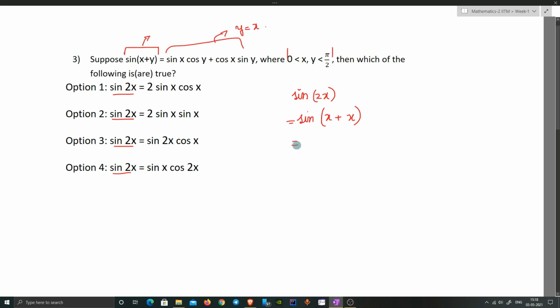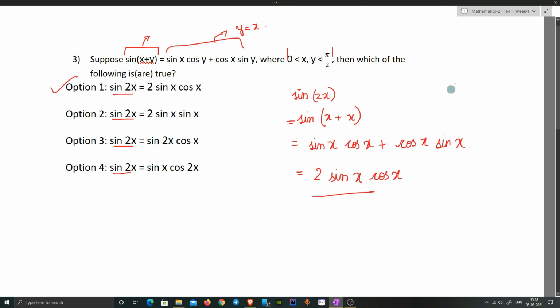So we can write this as sin x cos y plus cos x, y we have to substitute as x, right? And cos x and sin x. So we can write this as 2 sin x cos x. So first option is right.